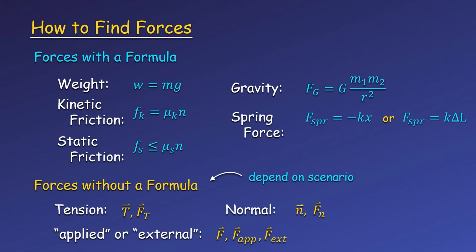We may be given its magnitude in newtons, or we might be solving for it. For these generic forces, they will also depend on the scenario, and we will just write them as a capital F, or maybe use a subscript such as APP for applied force, or EXT for external force.